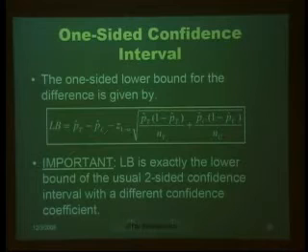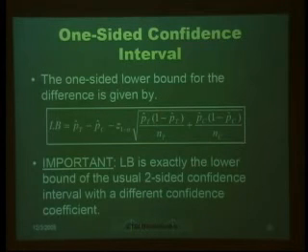So there is a formula here to compute this lower bound of my one-sided confidence interval for the difference of the proportions. If you look at the formula, it is exactly the lower bound of the usual two-sided confidence interval, but with a different confidence coefficient.